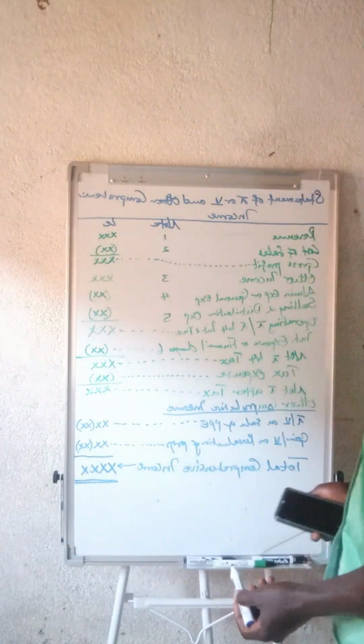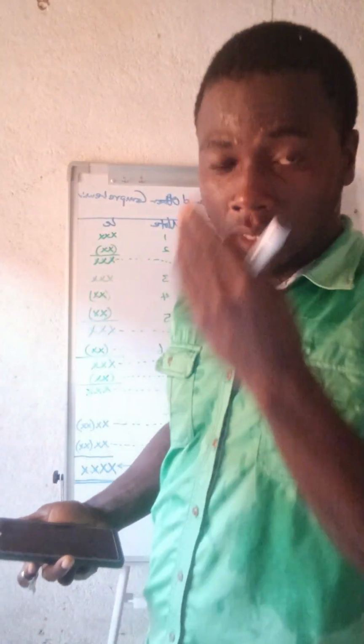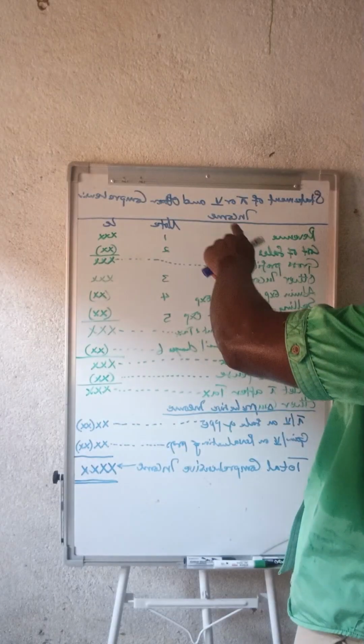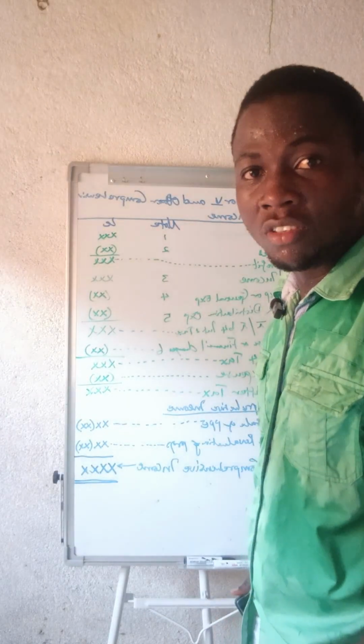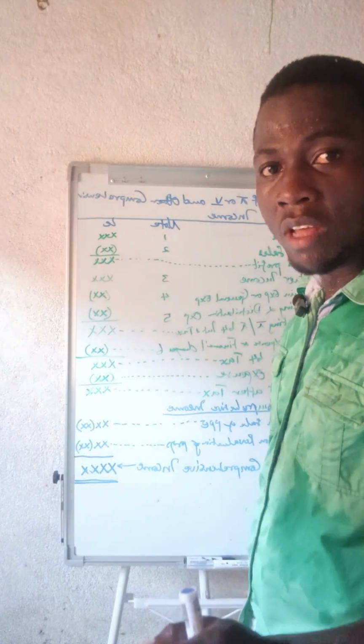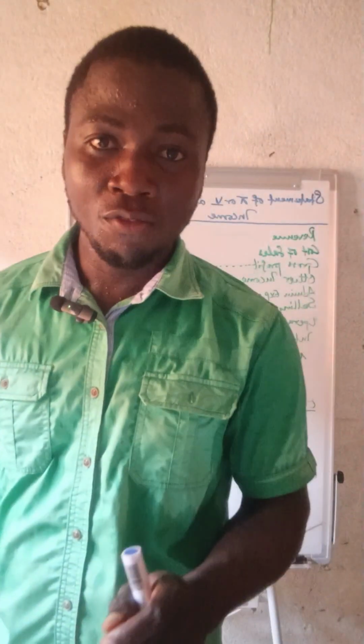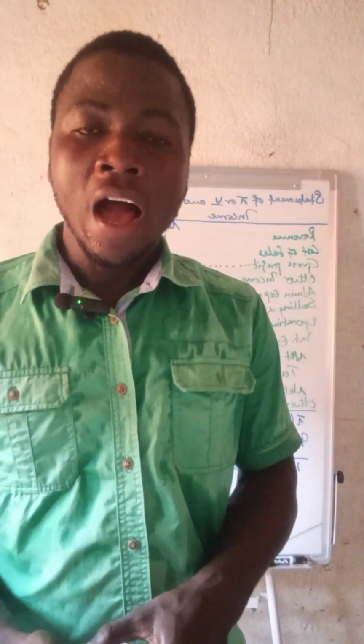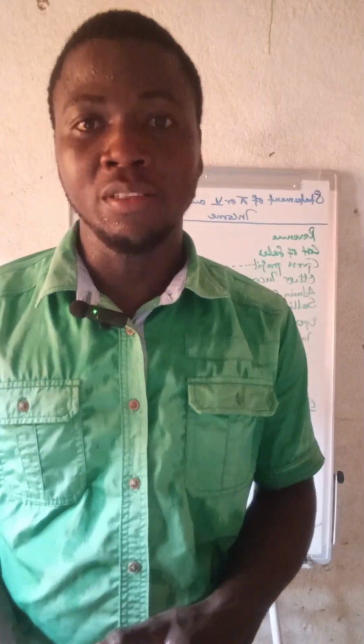This is now the total comprehensive income. And this is the highly summarized statement of profit or loss and other comprehensive income.